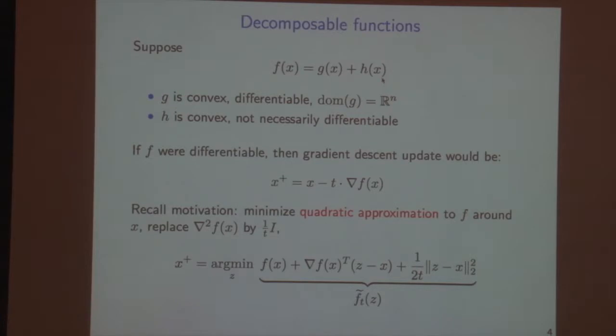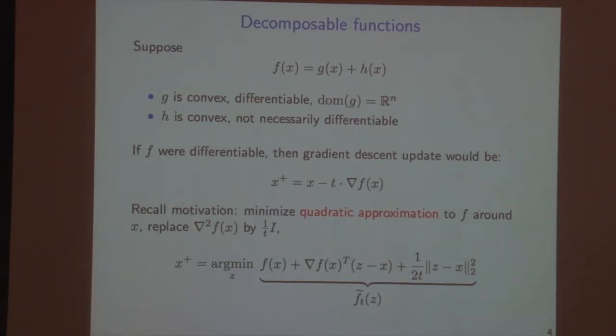We're trying to minimize the sum of those two. The case to keep in mind is when g serves as a log likelihood or a loss, or something we would encounter in a typical statistics or machine learning problem, and h is a regularizer or a penalty, where we typically don't make them smooth but still convex.